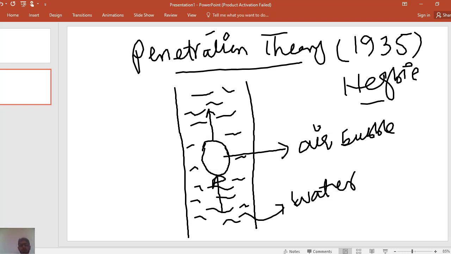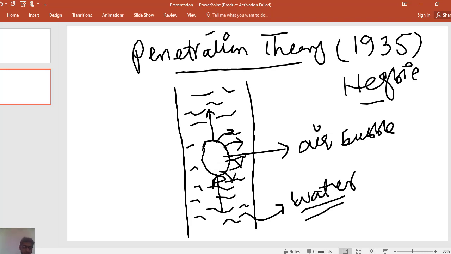Suppose in a fermenter the air bubble contains oxygen, nitrogen, argon and other molecules. Suppose oxygen is absorbed from the air bubble into the water, like in a fermentation tank. The air bubble is rising in the water column, and oxygen is absorbing into the water from the air bubble.